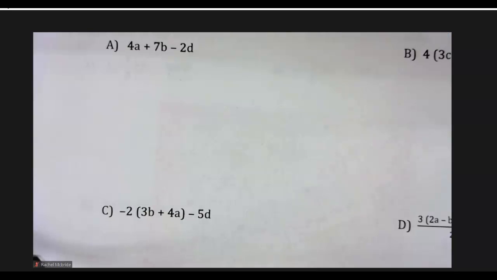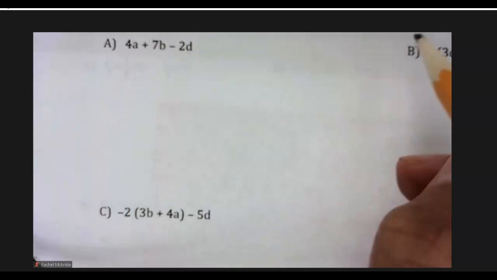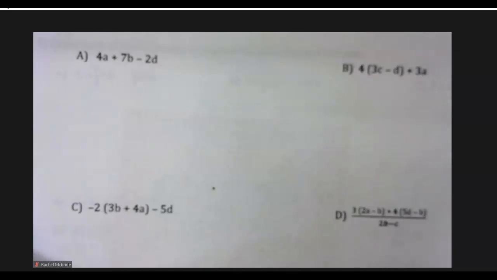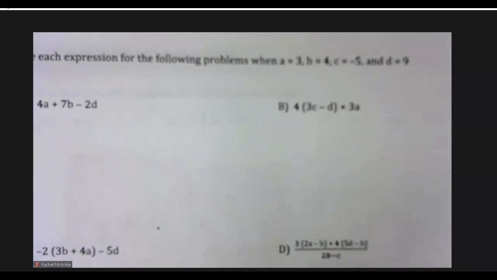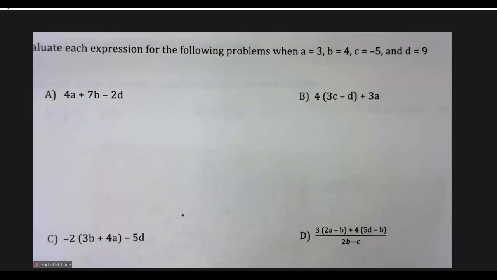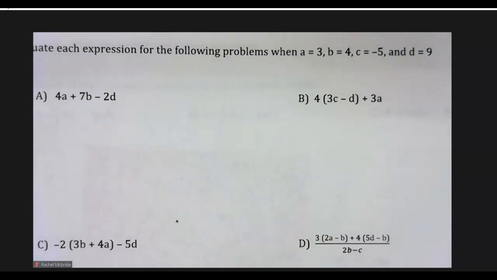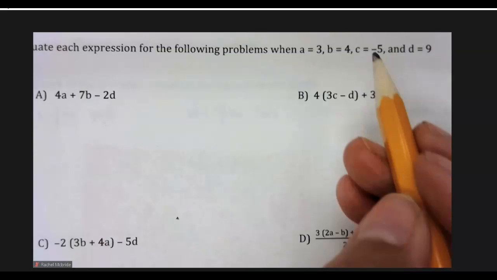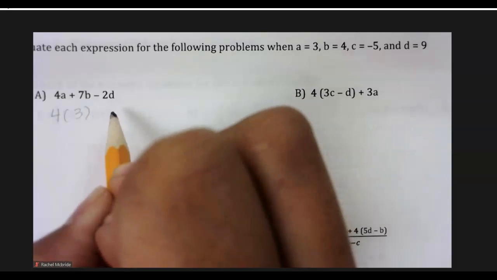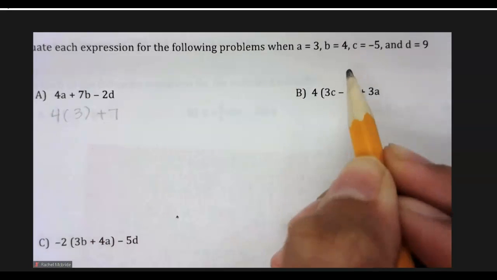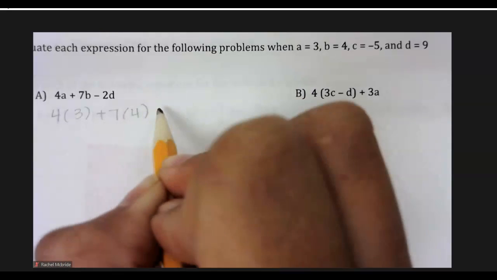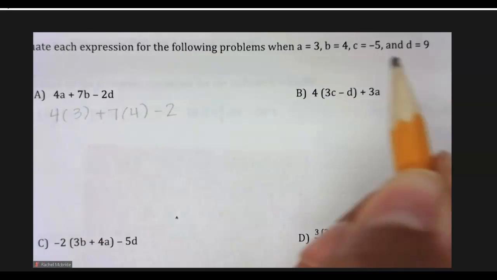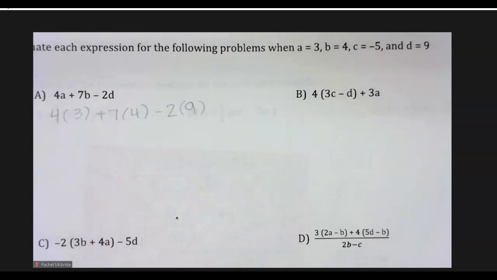In 4a plus 7b minus 2d, we're going to plug in the given values of a, b, c, and d. So when you plug in a, it's 3. So it's 4 times 3 plus 7 times b, which is 4, minus 2 times d, which is 9.